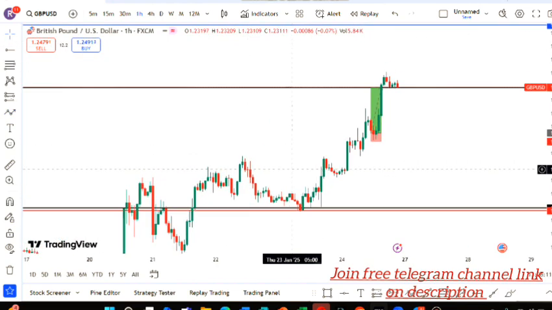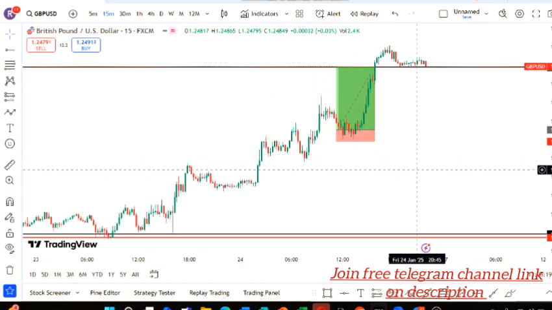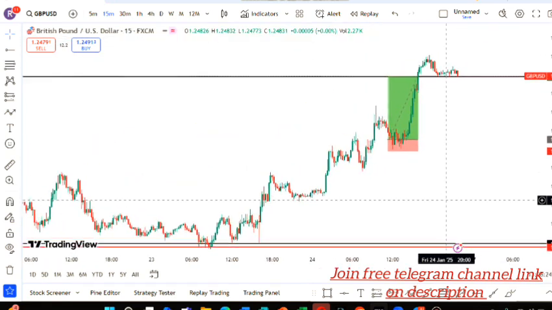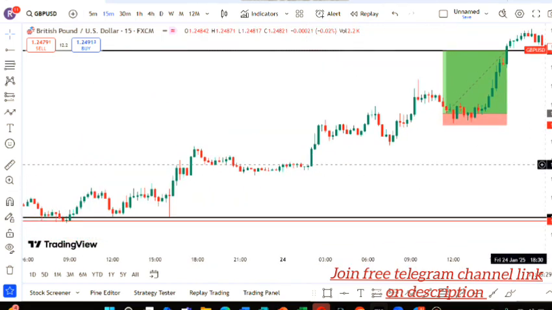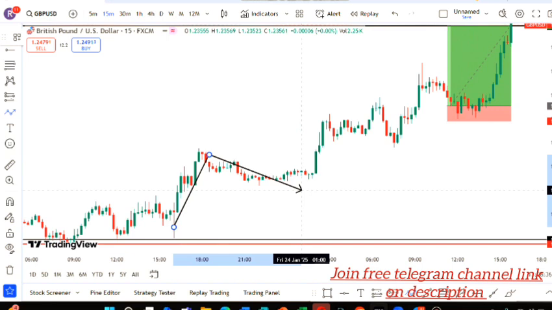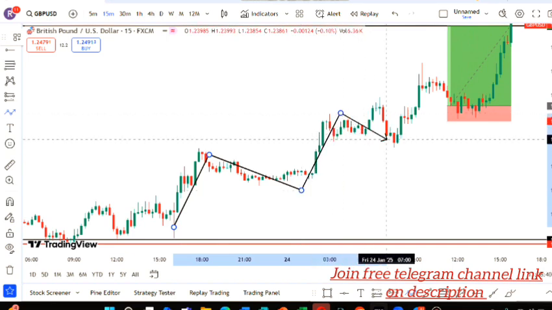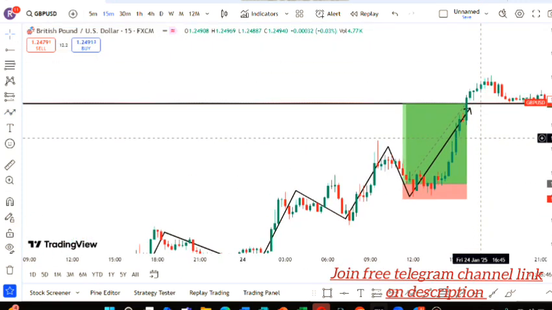Let's go to the 15-minute time frame, and I'll show you what I was expecting before taking this trade. On the 15-minute, this market was forming higher highs and higher lows as well. This was just a simple strategy: higher high, higher low, higher high, higher low.